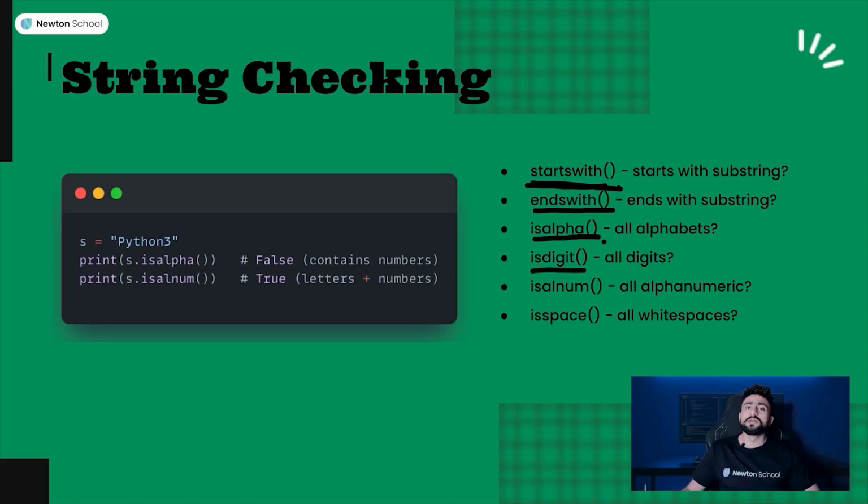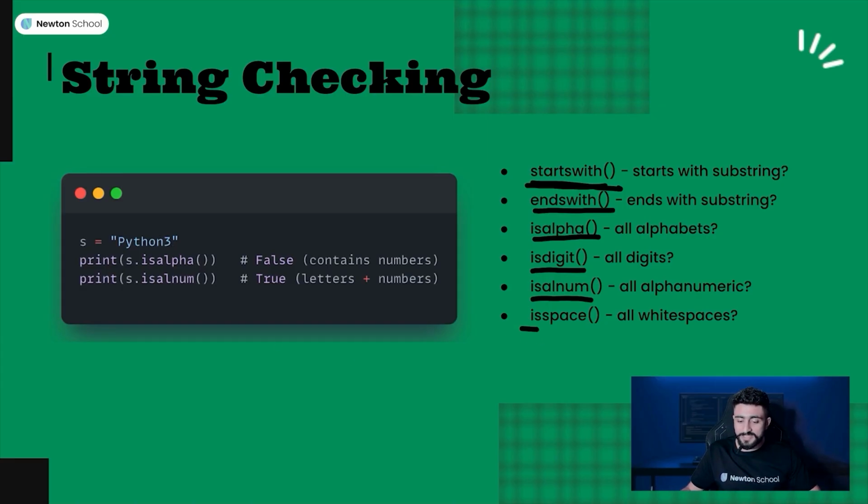For example, if the string is 1, 2, 3, 4, it will return true, otherwise false, right? Similarly, isalnum means are all the characters alphanumeric, that means either alphabets or numbers. So that's why isalnum is giving true, because it has alphabets as well as numbers. All are either alphabets or numbers.